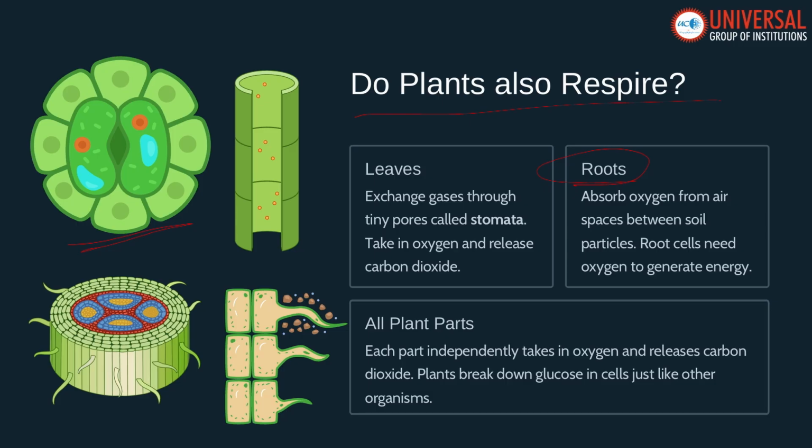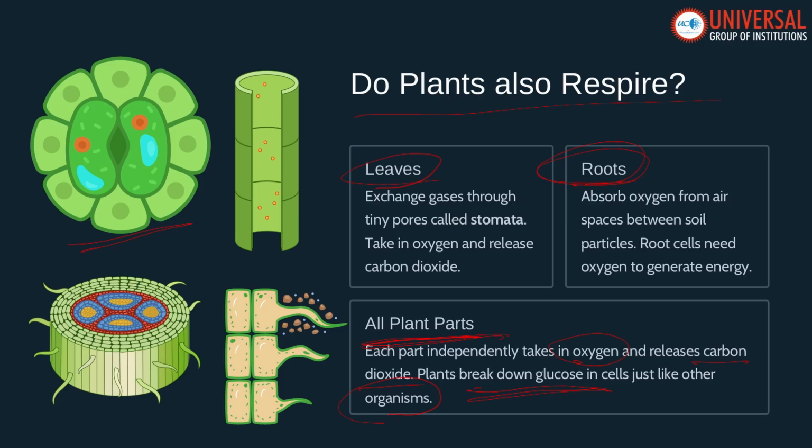So in respiration in plants, leaves help in exchange of gases, roots help in exchange of gases, and the stem also helps in exchange of gases. So all plant body parts, each part independently, take in oxygen and release carbon dioxide, where plants break down glucose in cells just like other organisms. Respiration occurs all the time, even in the daytime and in the night.